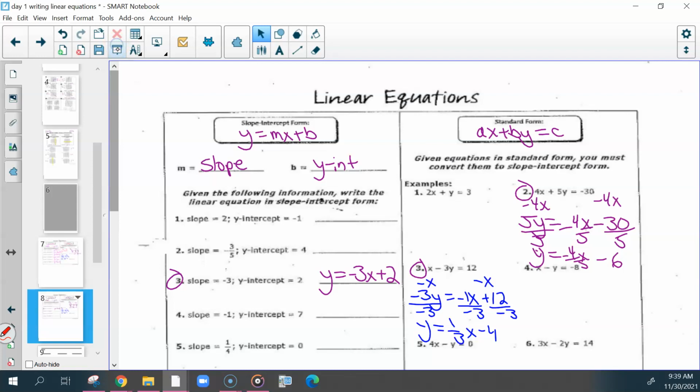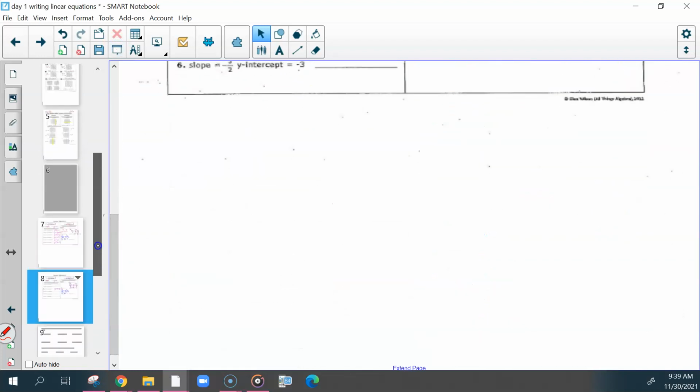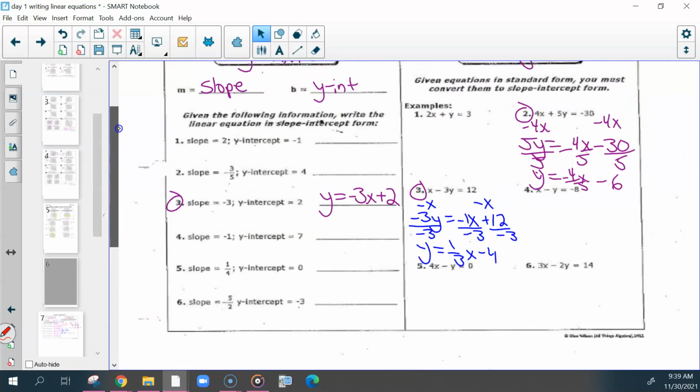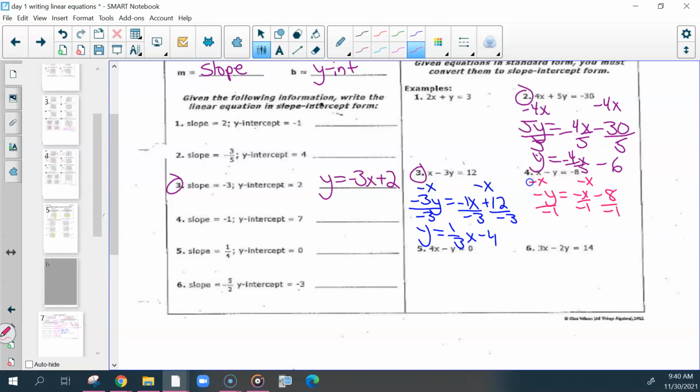Let's go over these. I don't have answers on that one. That's okay. I'll do them really quickly. Number 4 was y equals x plus 8.